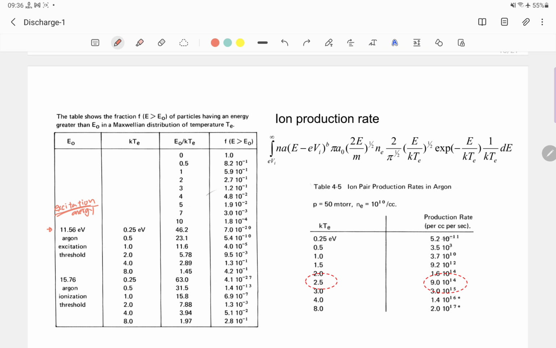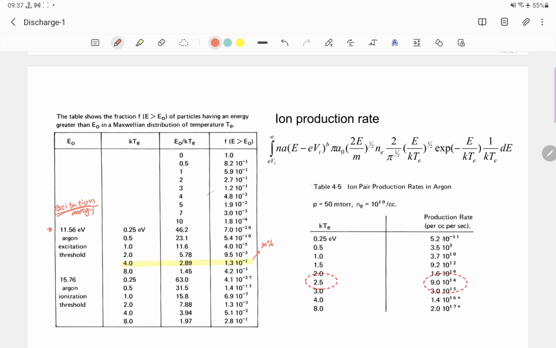So it means for a plasma with an electron energy of 4 electron volts, about 13% of the electrons can excite atoms. And if the electron energy is 8 electron volts, the ratio of high energy electrons becomes 42%.